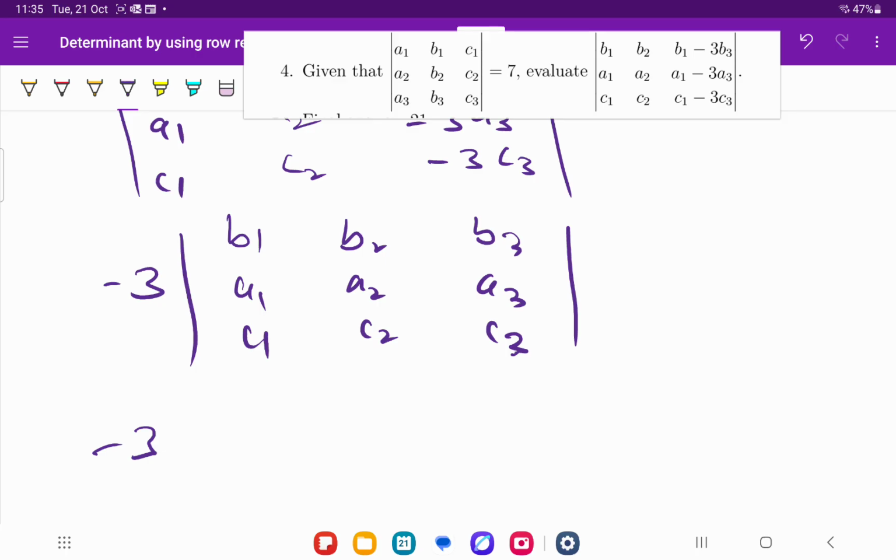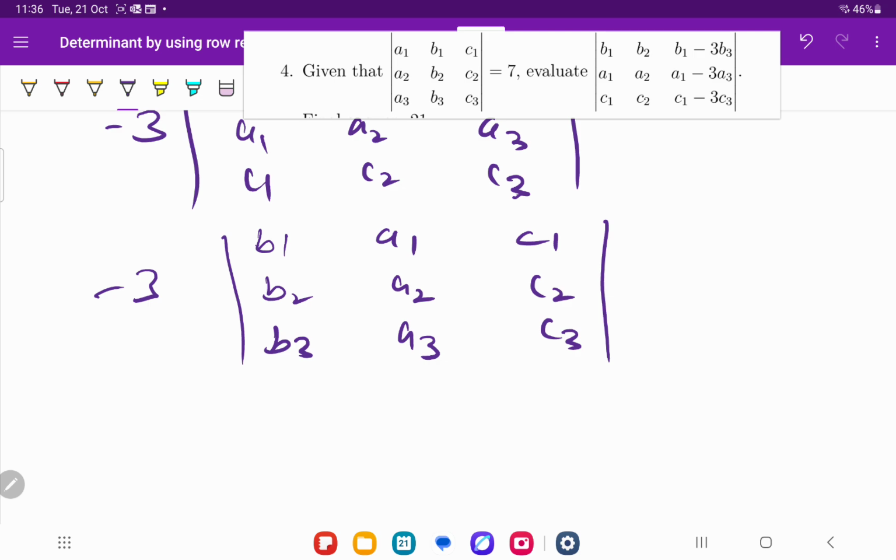So what we are going to do here is simply write rows as columns. So B1, B2, B3: this first row is written in the form of a column. The second row A1, A2, A3 is also written as a column. The third row C1, C2, C3 is also written as a column.